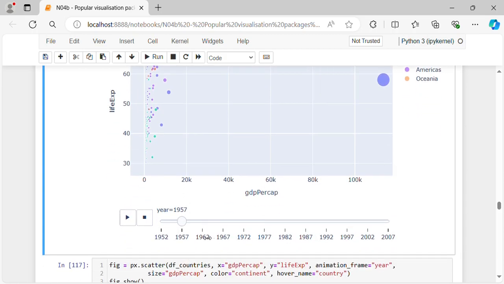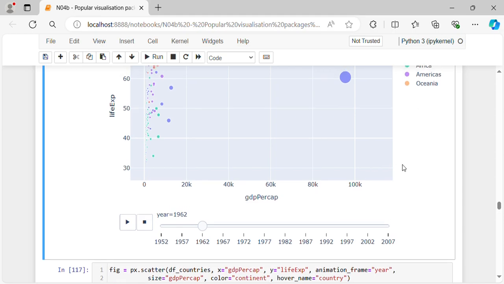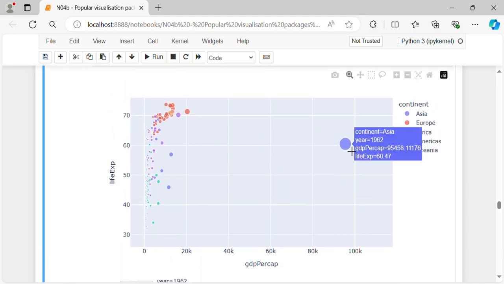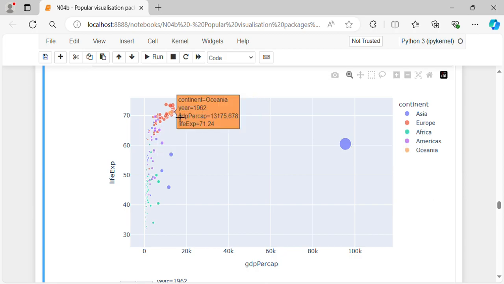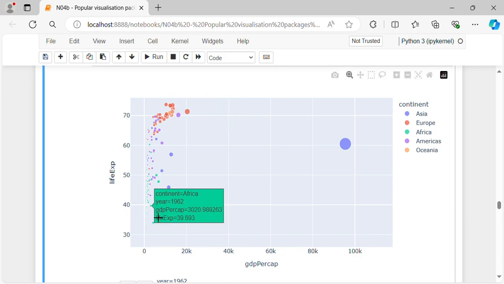Let's look at 1962. So in 1962, we can see that this country which had highest GDP, the GDP is decreasing, and the life expectancy is increasing. And for Europe, the life expectancy is increasing, and for Africa, the life expectancy is also a bit higher, but still low, still the lowest.